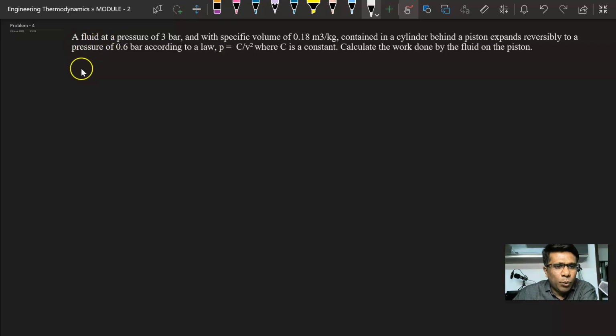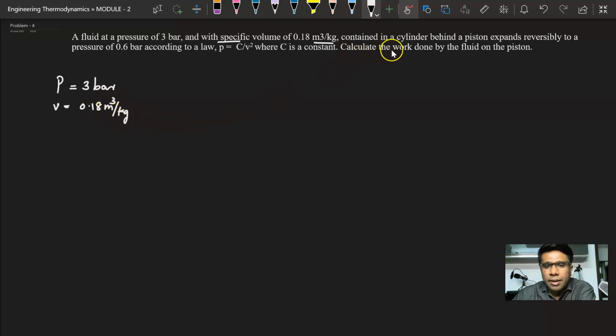So here a fluid at a pressure of 3 bar, that is pressure is given as 3 bar, and specific volume, it is clearly given specific, and also the unit is meter cube per kilogram. Therefore small v is equal to 0.18 meter cube per kilogram, contained in a cylinder behind a piston. So this is the initial state, so I can give it as P1 and V1.